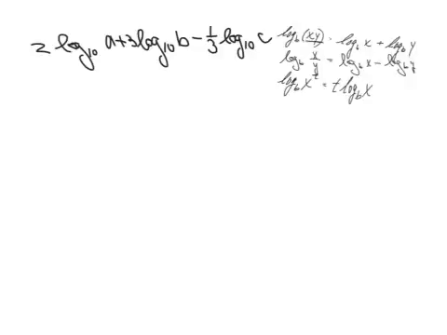Okay, so we're going to take that, and it says we're going to write it as a single logarithm, but I like to say we're going to compress it. So we're going to kind of go the other way here. So let's see what we've got here. Let's give it a shot.